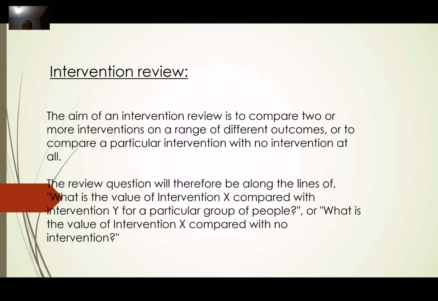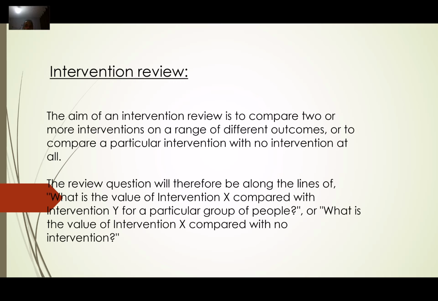First, we have the intervention review. The aim of the intervention review is to compare two or more interventions on a range of different outcomes, or compare a particular intervention with no intervention. Okay, so this will discuss the effect of the intervention on an outcome.